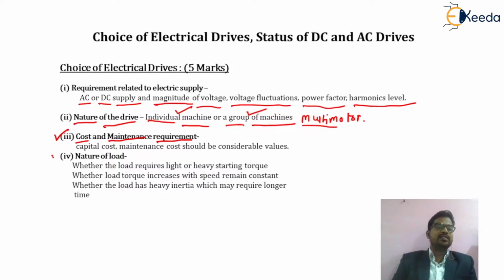Then the next point of the syllabus is the nature of load. Again, there are different types of loads, and depending upon our requirement, we use different types of load for different types of application. The first requirement related to the load is whether the load requires very light or heavy starting torque.